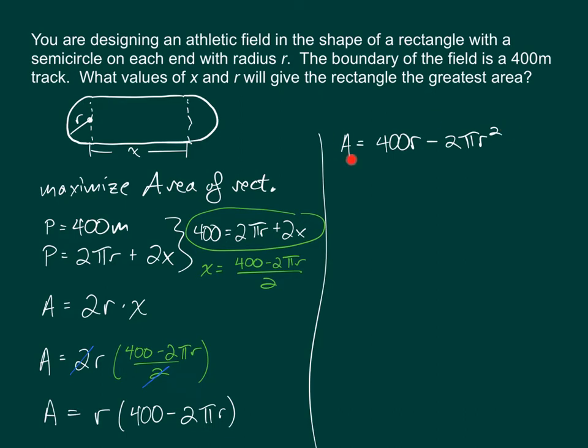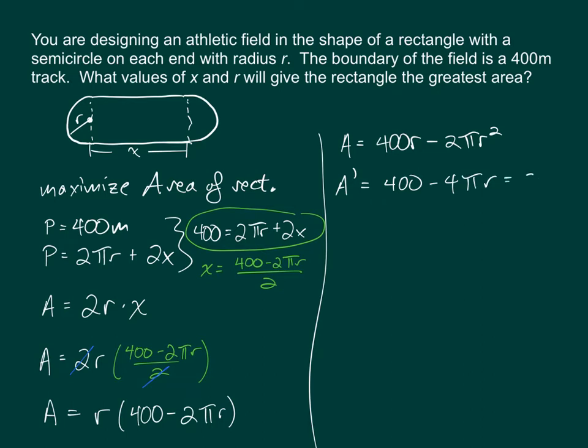Now that this is about as simple as it gets, we can use the power rule here instead of a product rule we would have to use over here. Now I can just take the derivative pretty easily and say A prime is 400 minus 4 pi r.